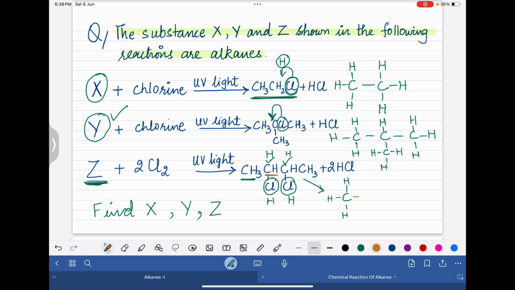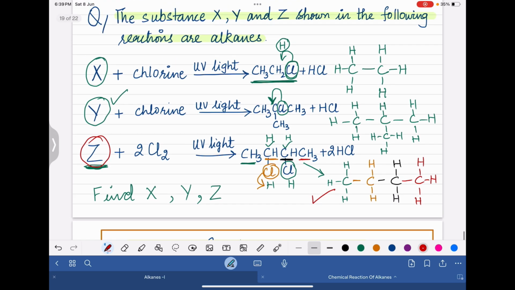Now this is the second carbon, C. In place of this chlorine I will write hydrogen, CH. Next is the third carbon. Again in place of chlorine hydrogen will be written, and the last carbon atom is attached to three hydrogens. So this is the displayed formula for the alkane Z.